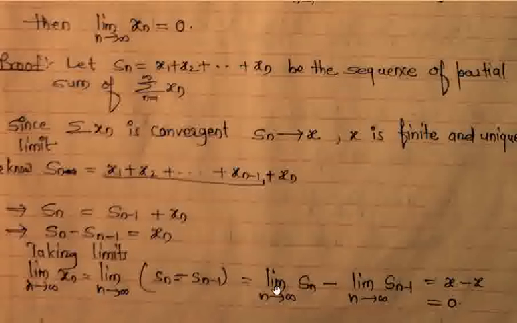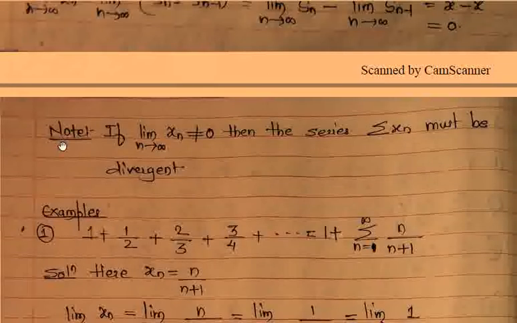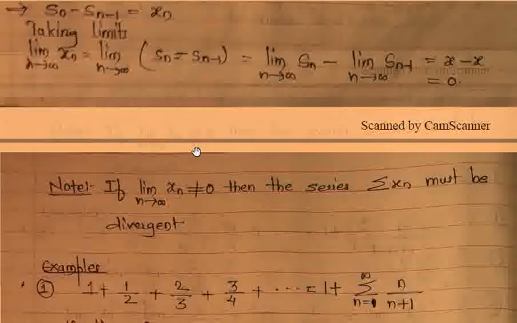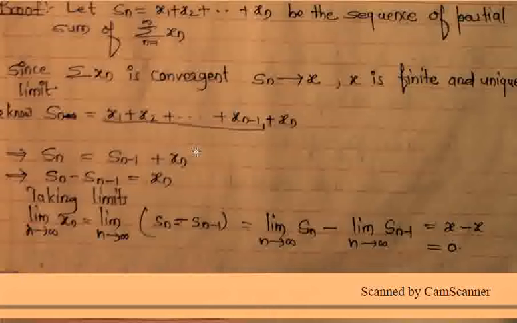Okay, and you get 0. So if it's not equal to 0, then the series must be divergent. So whenever it is not 0, it's going to be divergent.